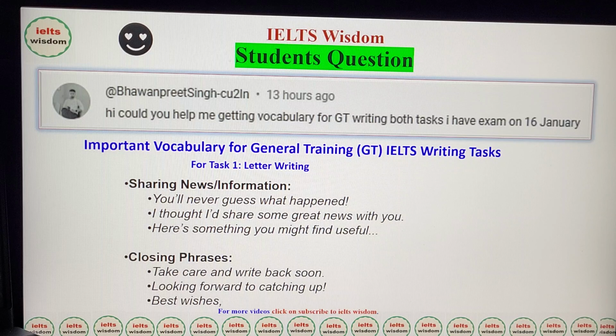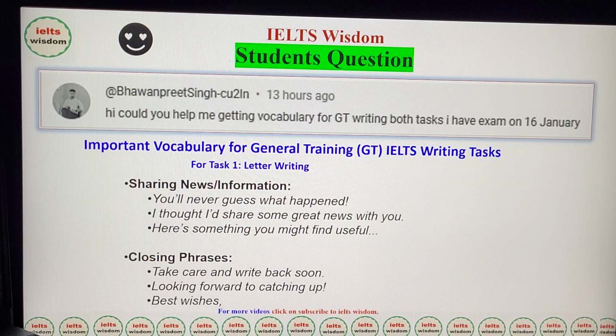So I'm also planning to go there. Something you might find useful is if you can also schedule or free your time to come and join me on my trip too. So this is how you can share news and information and ask them if they want to join you.